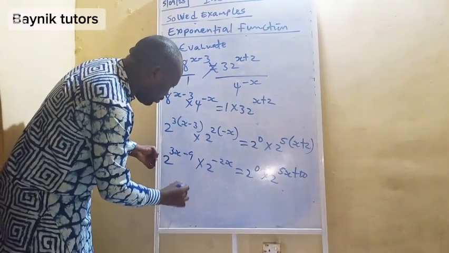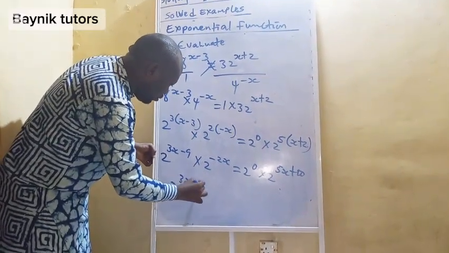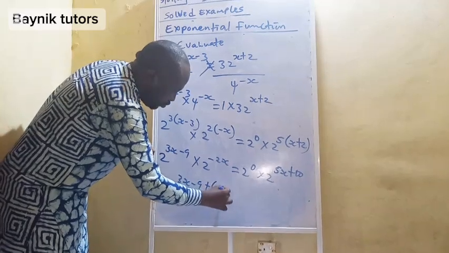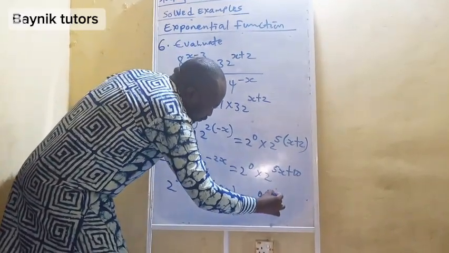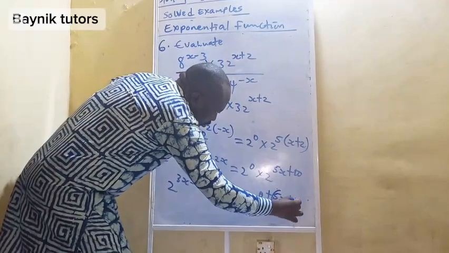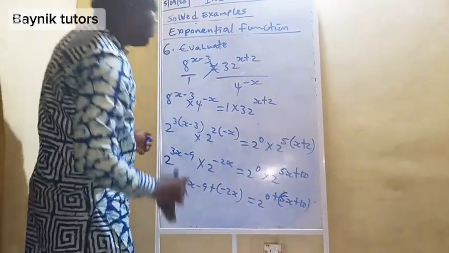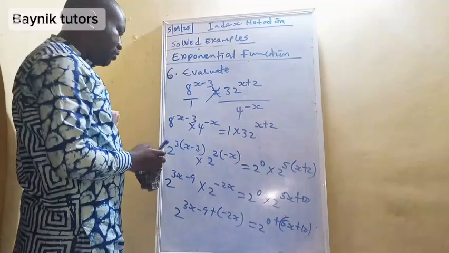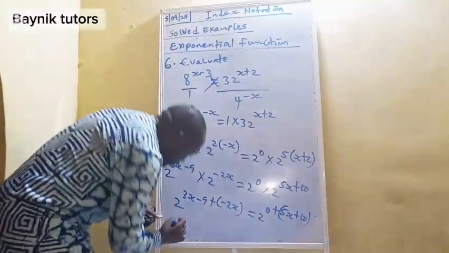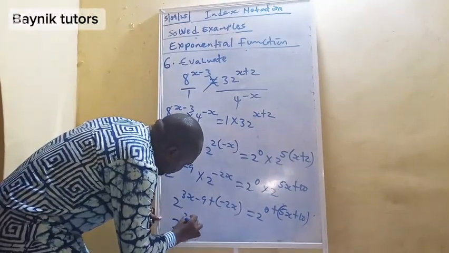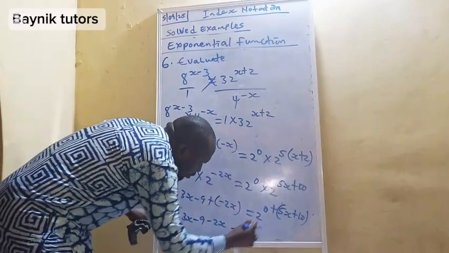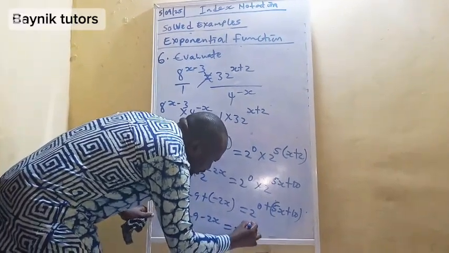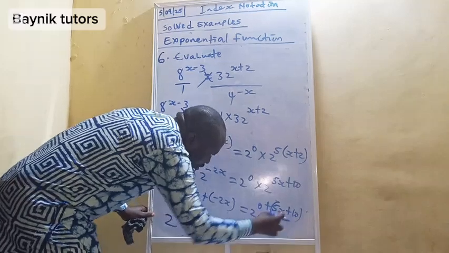This will be 2 raised to power 3x minus 9 plus minus 2x, is equal to 2 raised to power 0 plus 5x plus 10. So we can now say 2 raised to power 3x minus 9 minus 2x, plus times minus is minus. So 2 raised to power 5x plus 10.